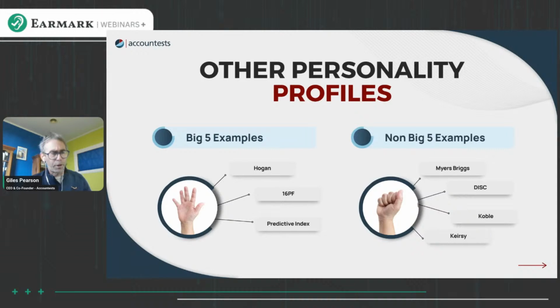And if we have a look at some of these, on the left you can see the Big Five examples that I've got there. I guess the one that we certainly come across the most is the predictive index, which quite a lot of firms are using. The non-Big Five, we do see people using these, and I think it's just a question of being careful.